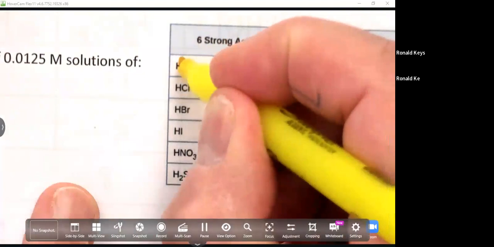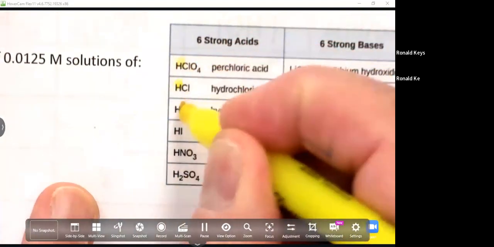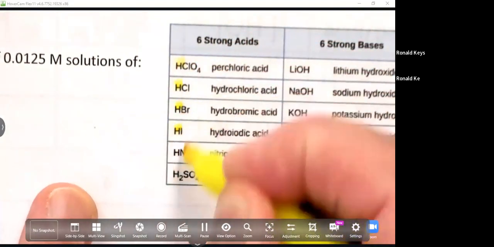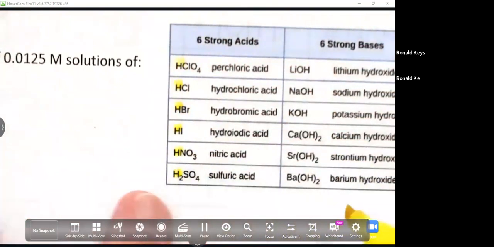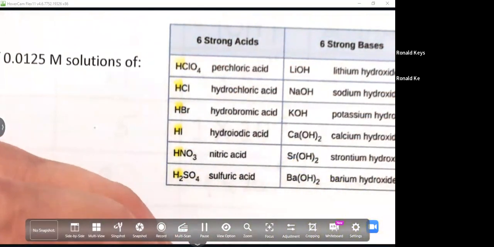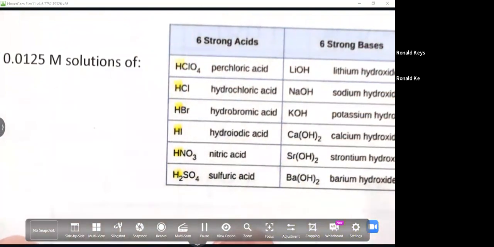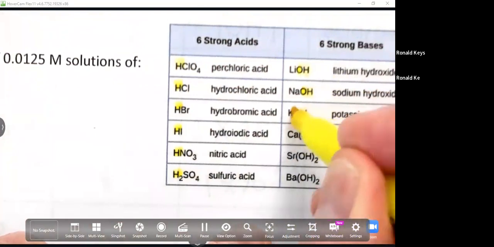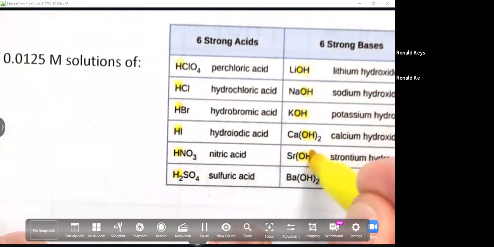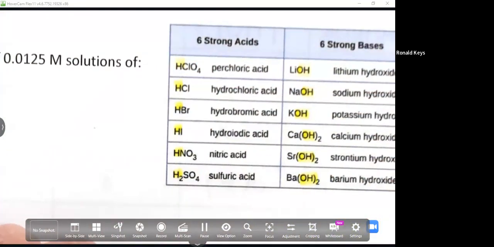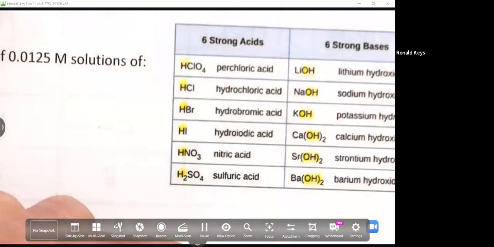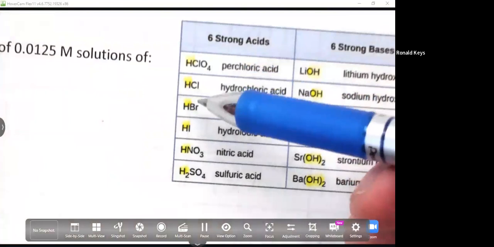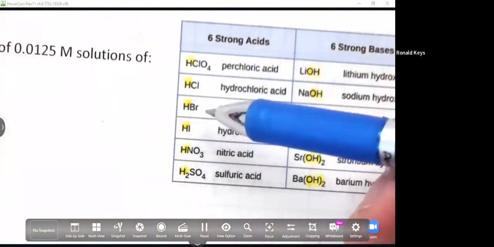Hopefully, I've said it enough. These hydrogens are going to come off at 100%, right? 100%. We have strong bases. These OH minuses are going to split up in solution. It's all about OH minus for a base. All about H plus or H3O plus for an acid.